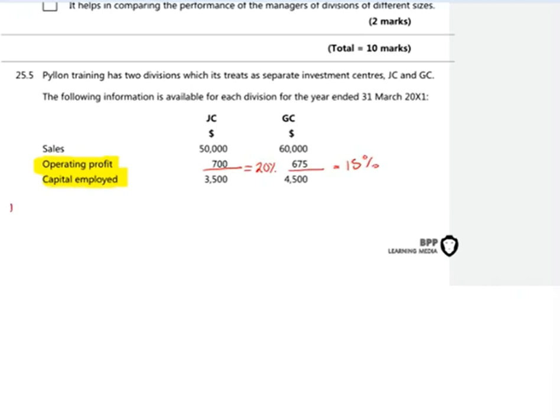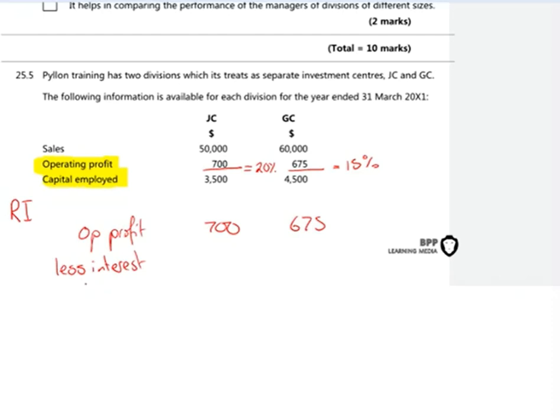Next, I'm asked for an alternative, my residual income calculation. So for residual income, we'd simply take the operating profit of 700, or 675 for GC, and deduct an imputed interest charge. That's based on our capital employed multiplied by 10%.